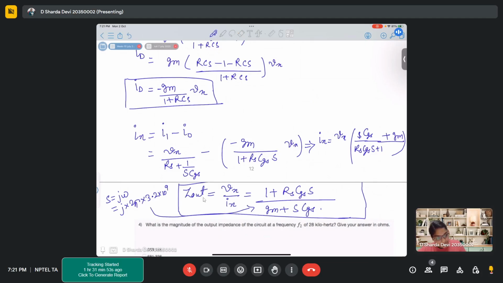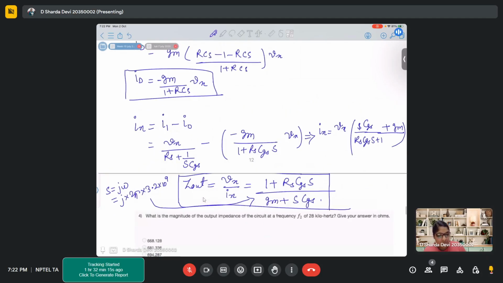This will be substituted over here. So what is the value of Zout that you are getting finally after solving? You have already found the expression for Zout. Now what is left is simply substituting the values of resistors, capacitors and s equal to j omega.